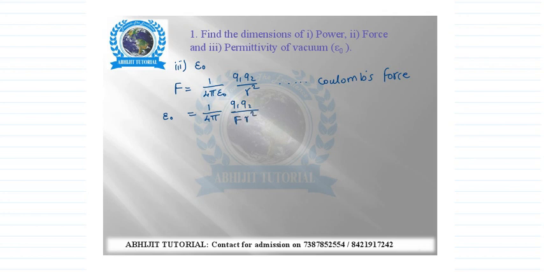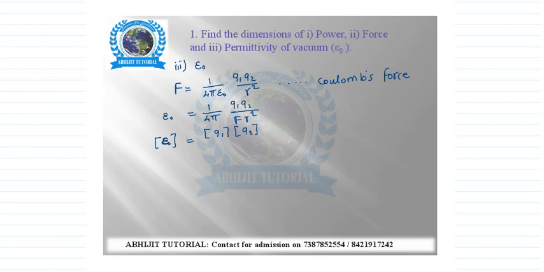Therefore, since 1 upon 4 pi is a dimensionless quantity, we can neglect it, and we write the dimensions of charge q1, and similarly the dimensions for q2.